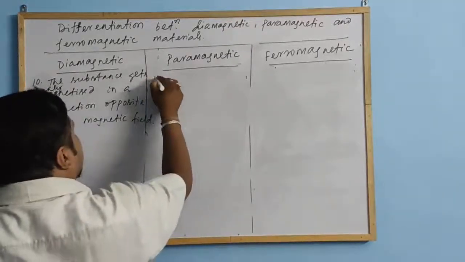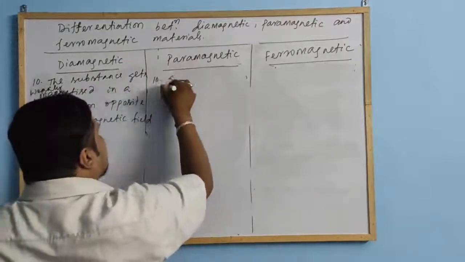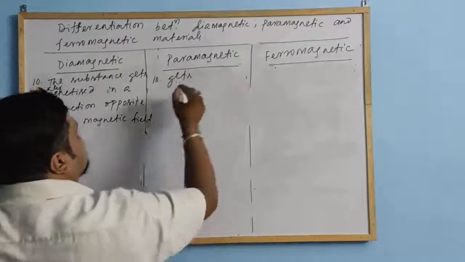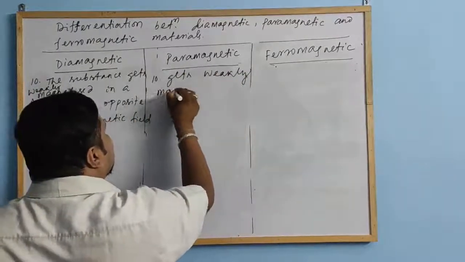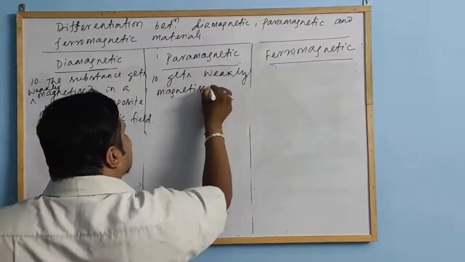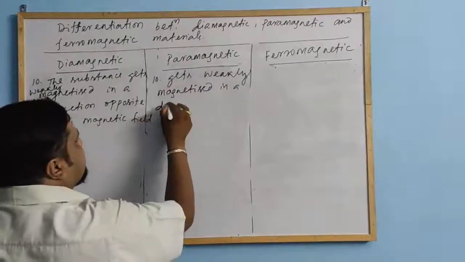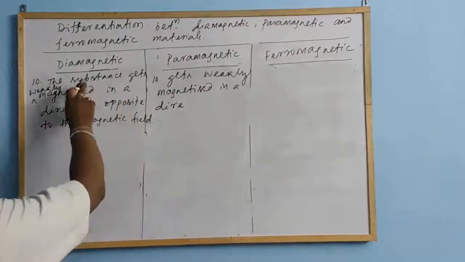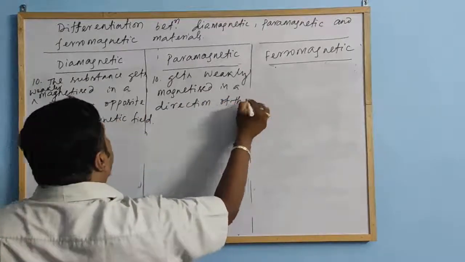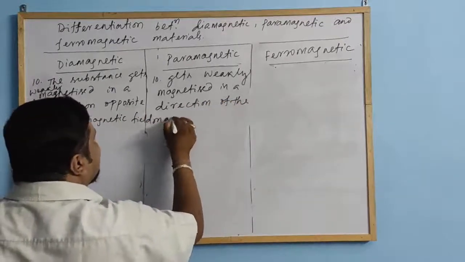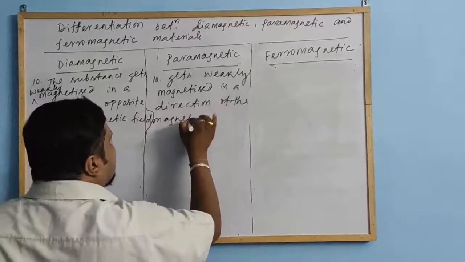Here in this part you can write this paramagnetic substance gets weakly magnetized in a direction of the magnetic field.